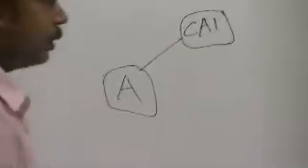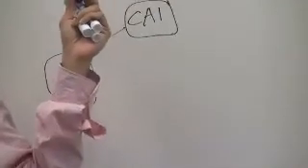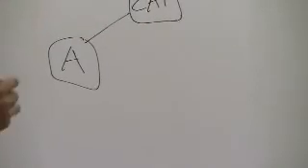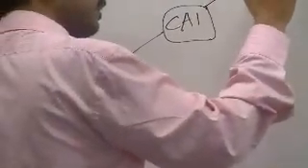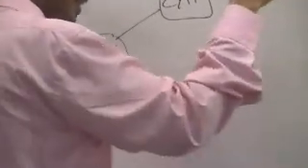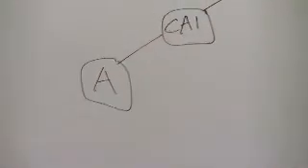Okay? But user B, with whom A wants to communicate, doesn't directly trust CA1. Right? So, in that case, there has to be another certifying authority, CA2, which user B trusts.